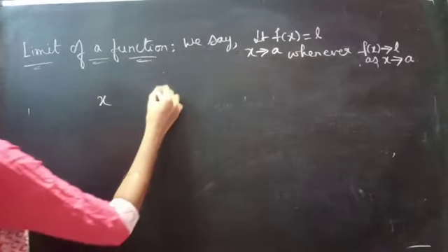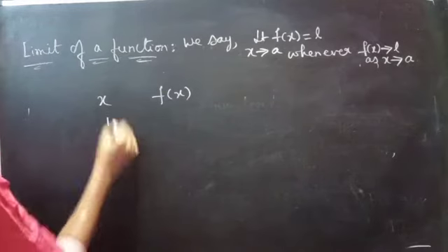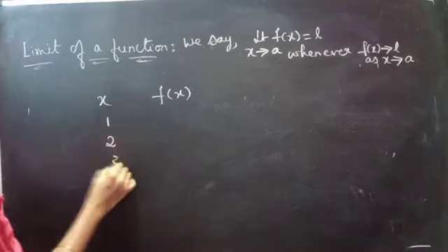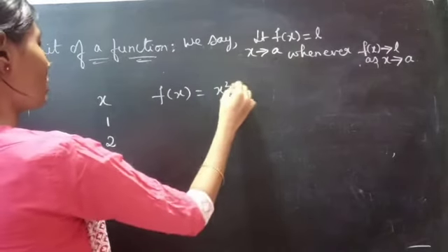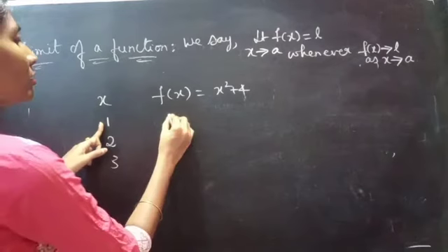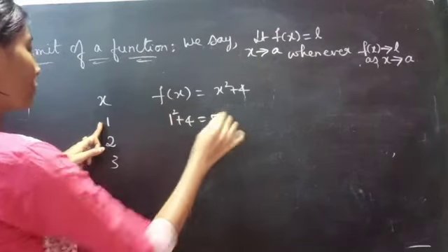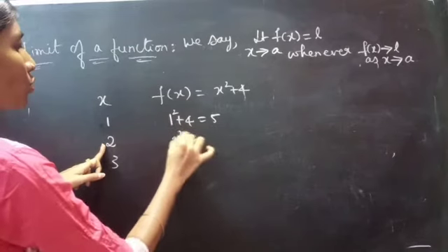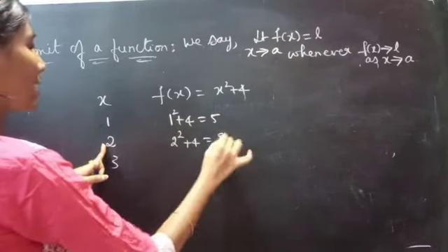Suppose you have x and f of x. Take values for x, say 1, 2, 3, and let f of x equal x square plus 4. Then when x equals 1, you get 1 square plus 4 equals 5. When x equals 2, 2 square is 4, 4 plus 4 is 8.